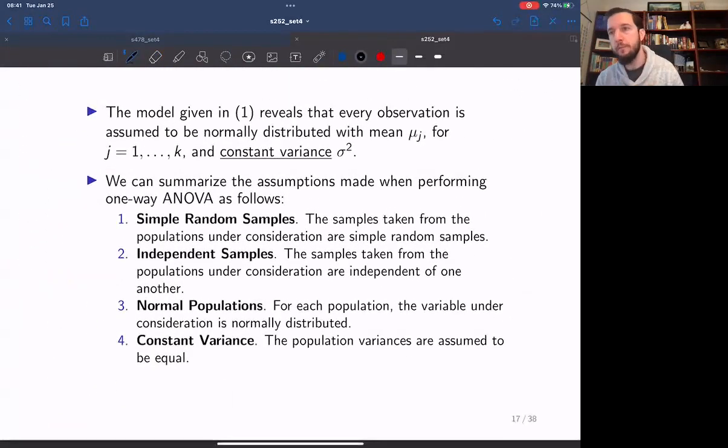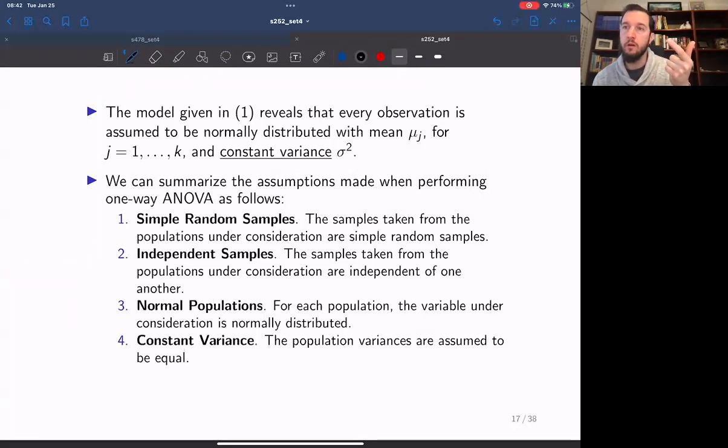So from the model given on the previous slide, we can write down the following 4 assumptions. Assumption number 3 and assumption number 4 follow directly from the definition given in equation 1. So each xij is normally distributed and each xij has the same variance.